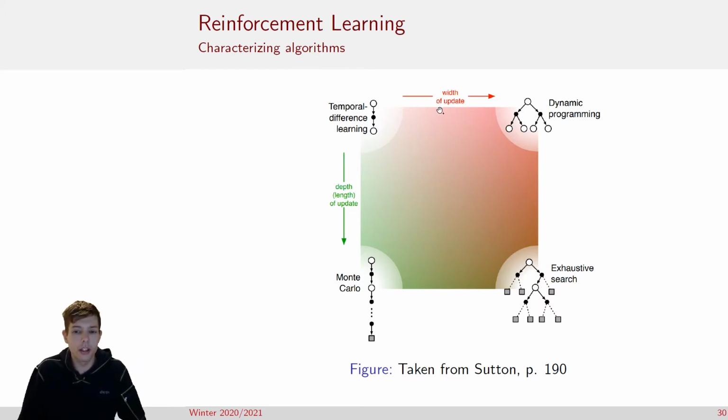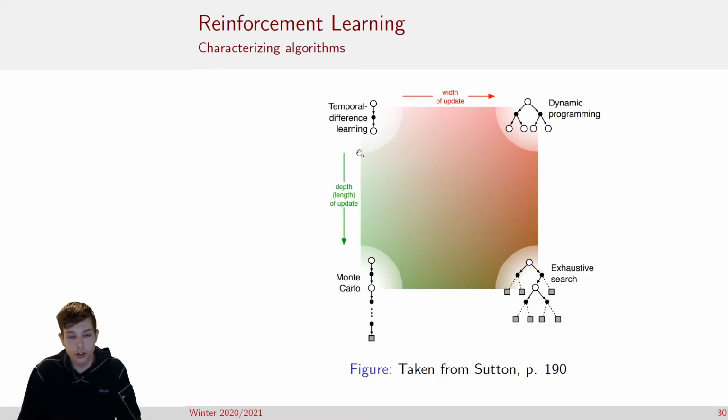If you consider back the dynamic programming approach, then each step of learning included the expectation of the value function of tomorrow, so the whole value function as of tomorrow, but only as of tomorrow. And on the other hand, on the bottom left corner, we can see Monte Carlo methods where we only considered in each episode a single string of events, but we considered the whole episode from start to the end.